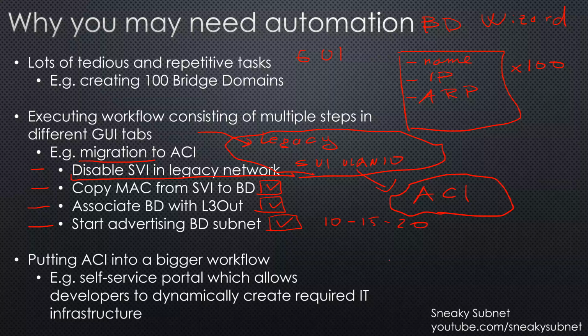If you automate this task, you may reduce this time to, let's say, approximately 1 second. So you will just create some script which will automatically or automagically go to your legacy network, go to ACI, and do basically all the same steps, but very quickly.